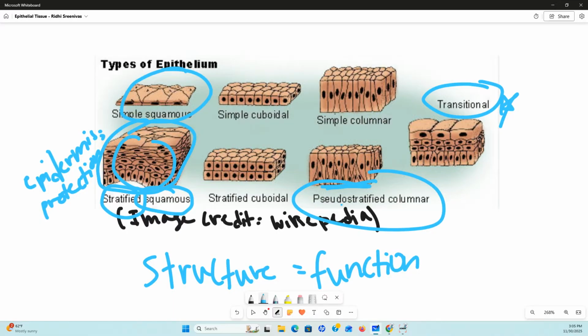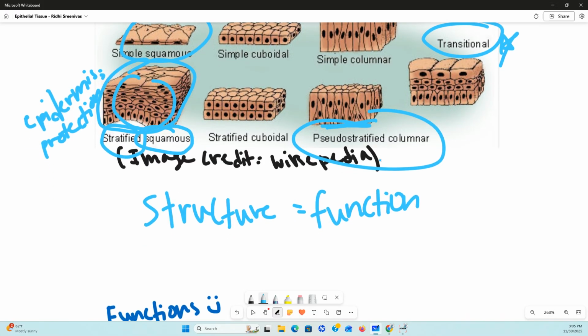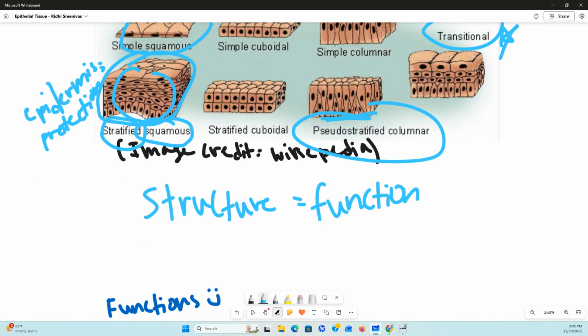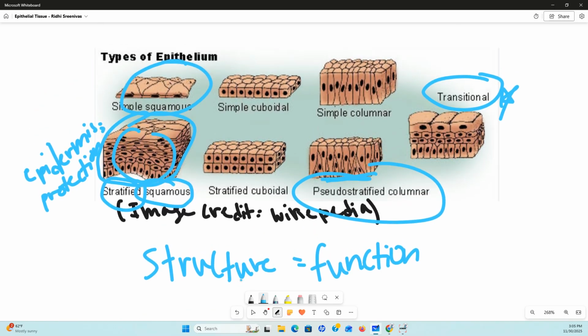So it's going to just appear layered, but really isn't. So that's why it's called pseudostratified. Just all different shapes of columnar. Now, I hope that kind of makes sense. It's so weird. There are so many different types, so hopefully it makes a bit of sense.